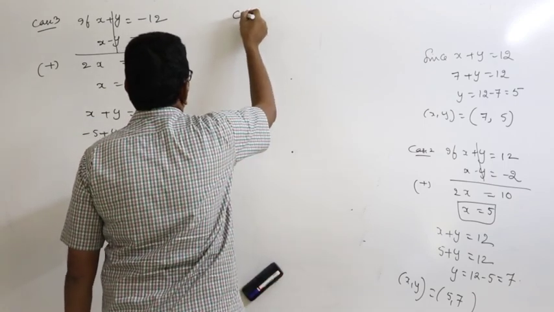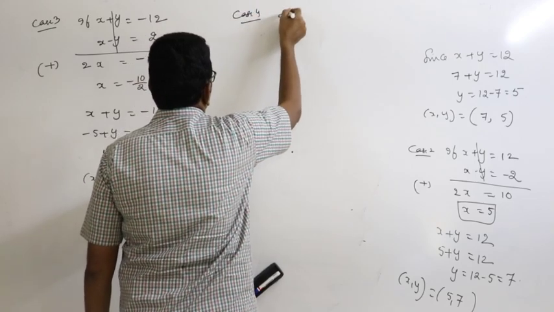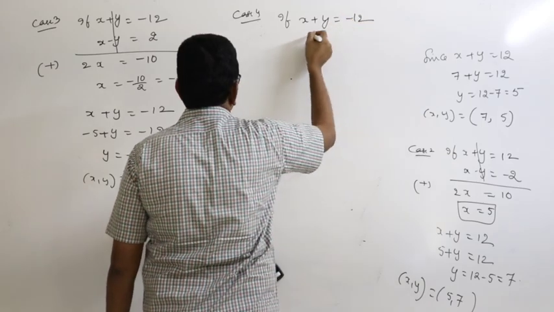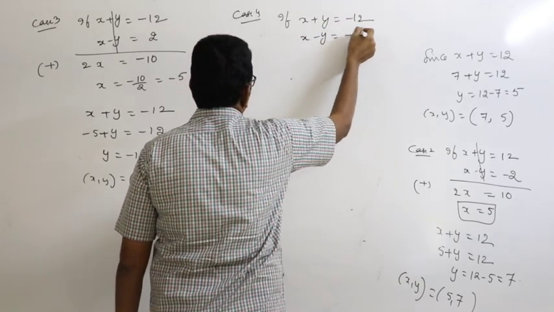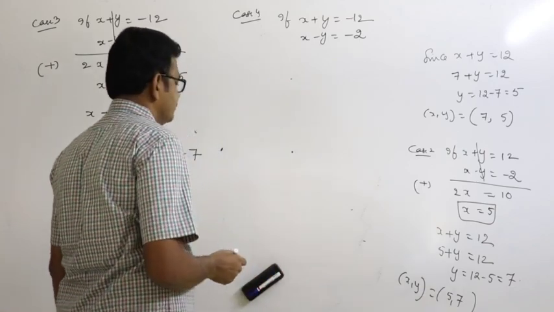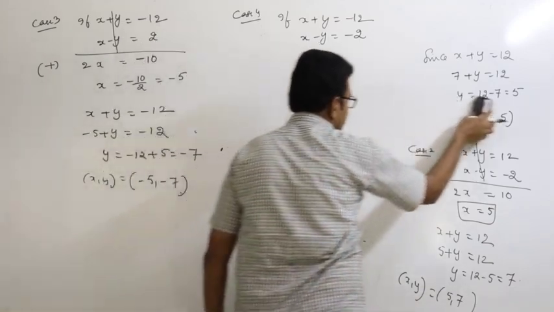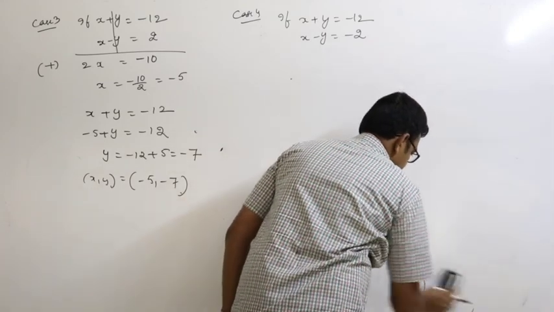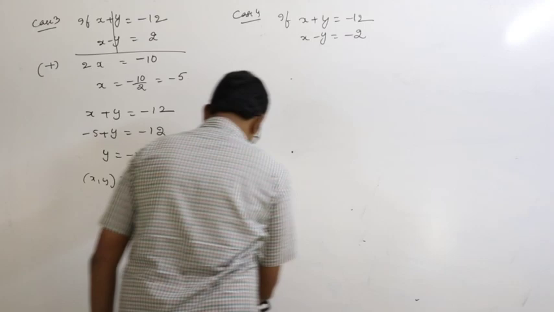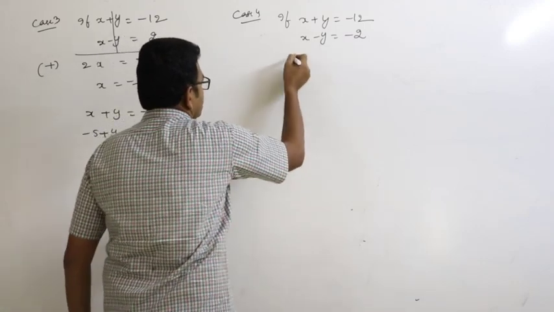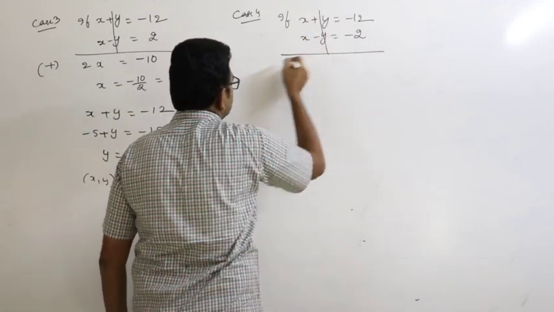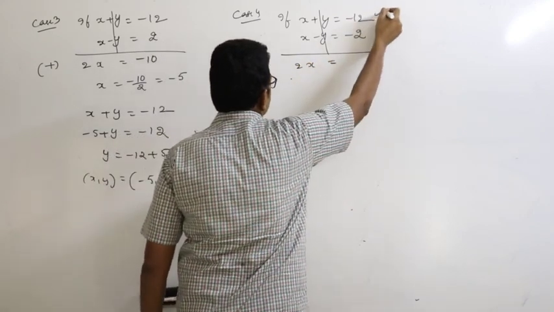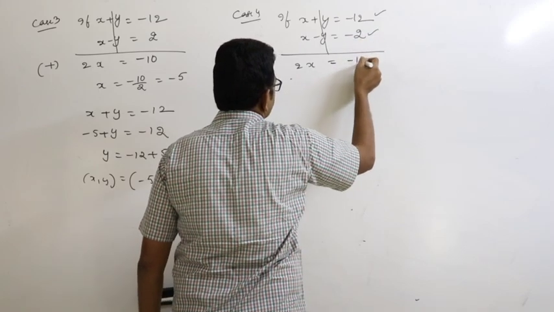Next one, case 4. If x plus y is equal to minus 12 and x minus y is equal to minus 2. Again in the same way, by adding these two, y gets cancelled. 2x is equal to minus 12 minus 2, minus 14.